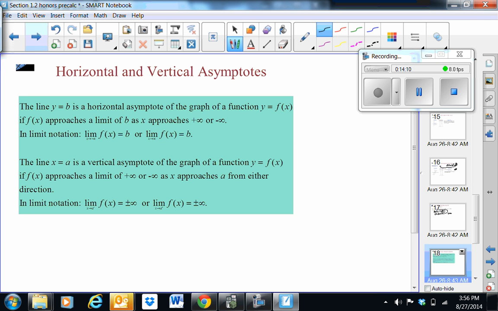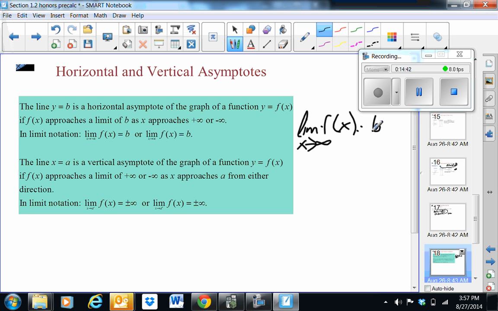Horizontal and vertical asymptotes. The line y equals b is a horizontal asymptote of the graph of a function y equals f of x if f of x approaches a limit b as x approaches positive infinity or negative infinity. In limit notation, we look at the limit as x approaches infinity of f of x, and it equals whatever that value is approaching, and it has to be a definite value.